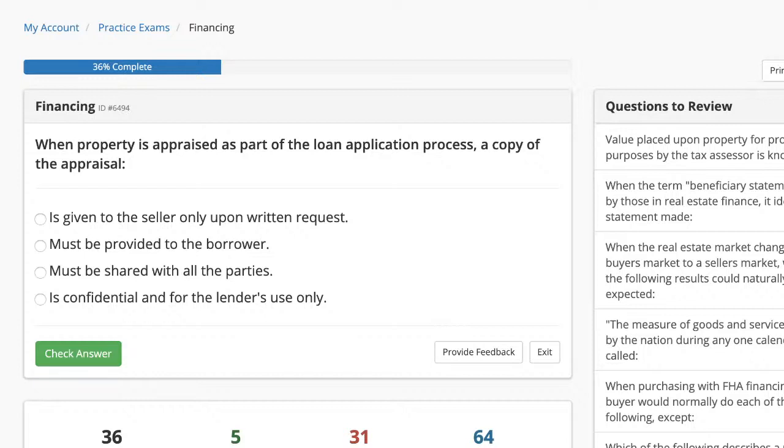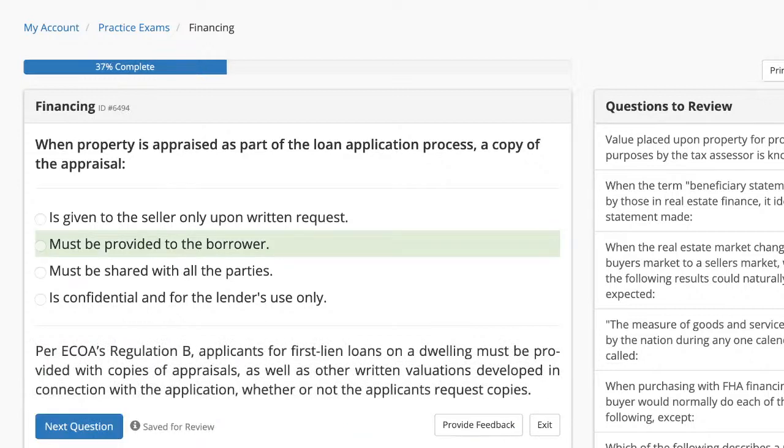What do you guys think? And the answer is B, must be provided to the borrower.